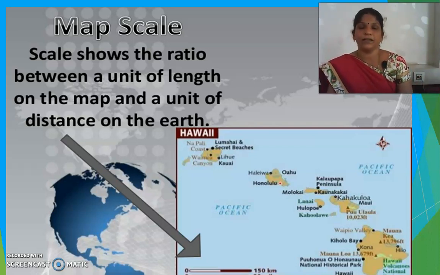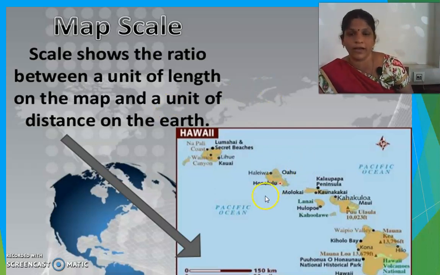For example, imagine that the distance between our Perambalur and Chennai is 300 kilometers. The actual distance is 300 kilometers. How can we calculate it on the map? 1 centimeter is equal to 100 kilometers. Then automatically 3 centimeters is equal to 300 kilometers. Another example, imagine Kauai to Honolulu, with a distance of 500 kilometers between these two places.